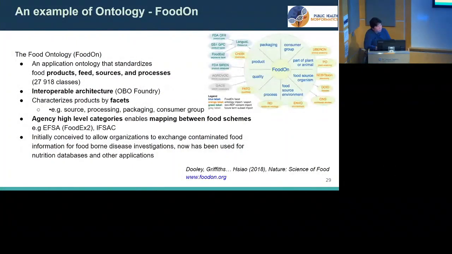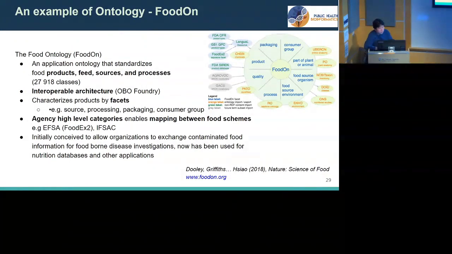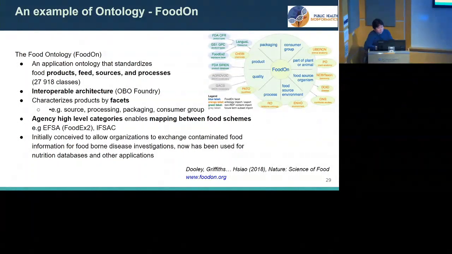Okay, so in terms of our own work, Damien and Emma developed what's called the food ontology, or FoodOn. It's an application ontology describing the domain of food, including the products, the sources, and the processes in food. There are over 27,000 concepts or classes in the ontology, and it's currently the largest ontology in the domain of food.